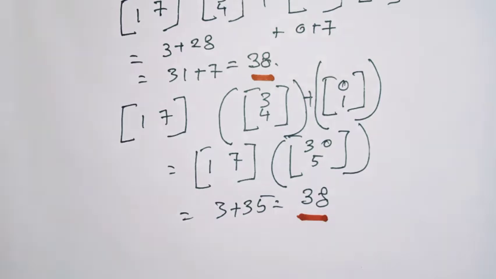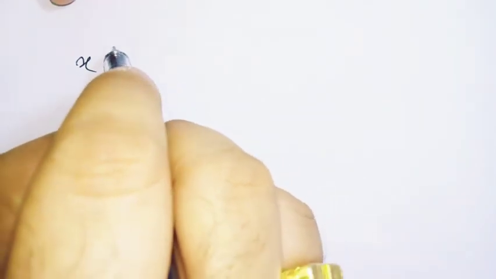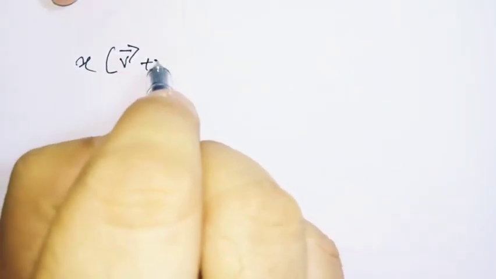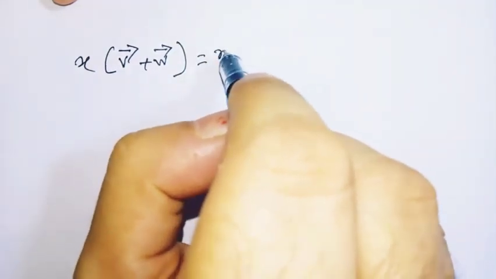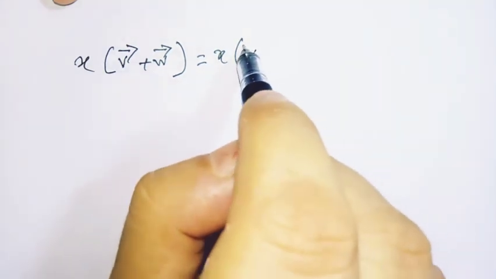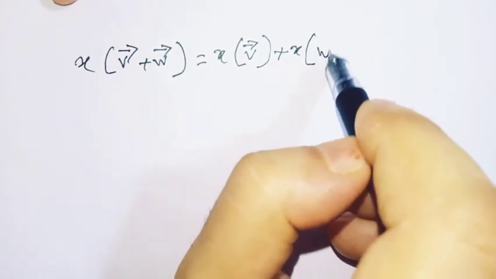So from this particular part, what we are showing is that if we use x in this calculation, and we take two vectors, say v plus y, this can be written as x of v, which is a vector, plus x of y.